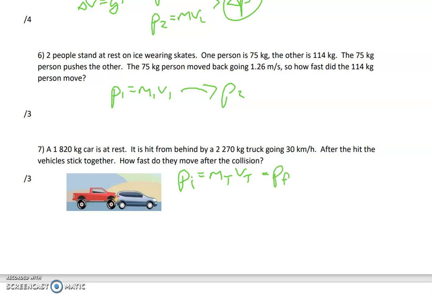Once I find out how much momentum came in from the truck, I can find the total mass because they stick together, and divide that total momentum by the total mass. This should give me the v after they stick together and become one mass. Then hopefully that gives me the speed we're looking for.